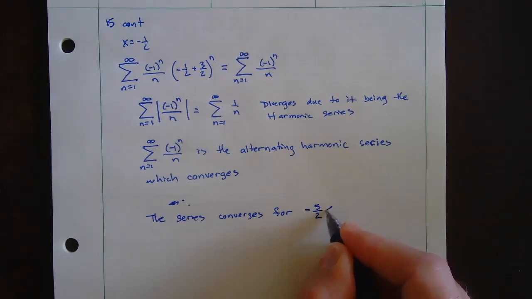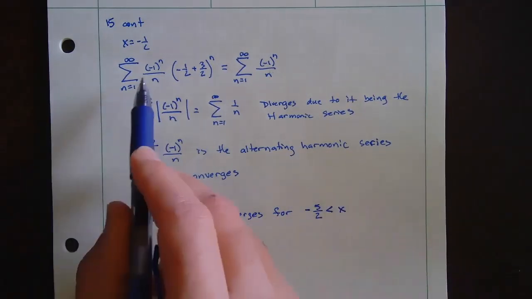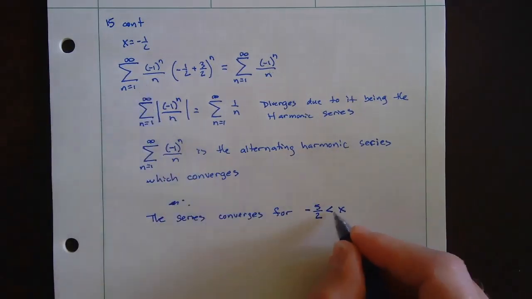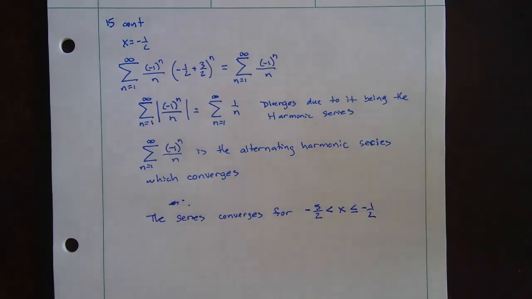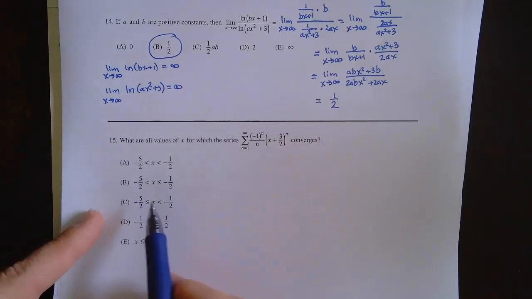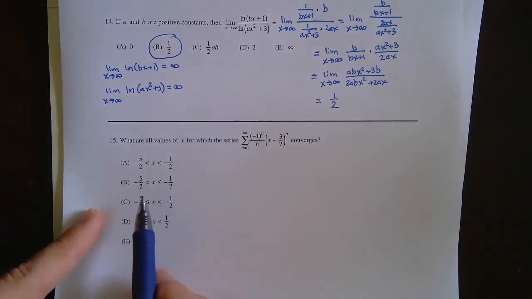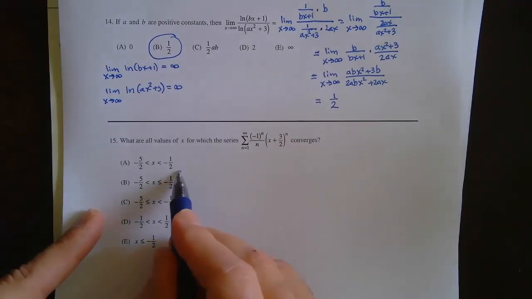So -5/2 less than x, but it does converge at -1/2. So -5/2 less than x, less than or equal to -1/2. And then if you look at our paper, I'll try to select the correct one this time. Not at -5/2, but including -1/2. So that would be letter B. It would be this one right here.